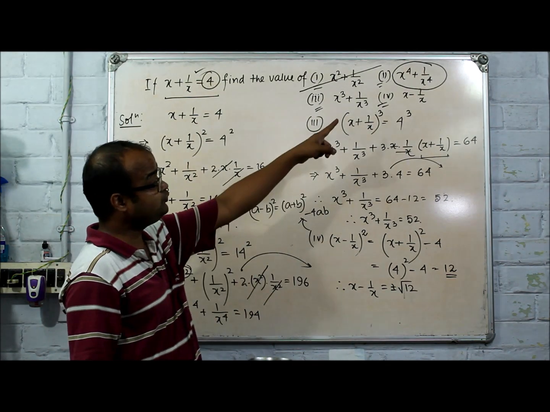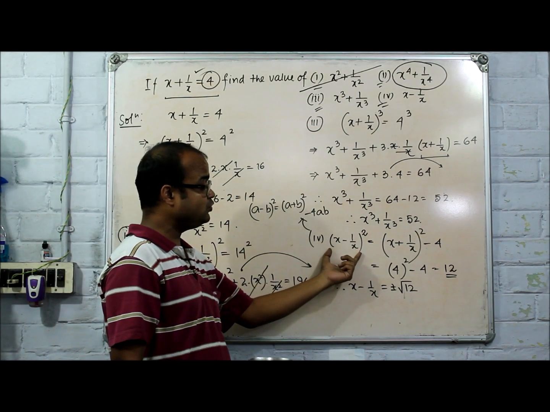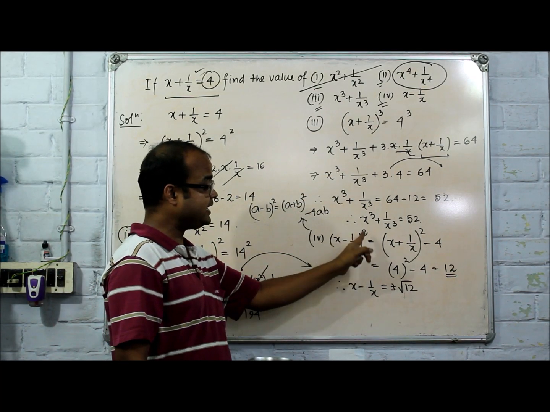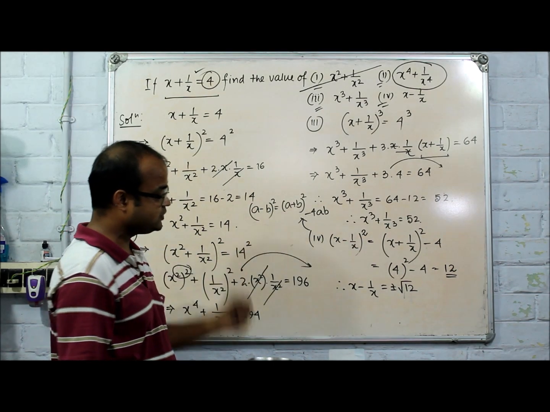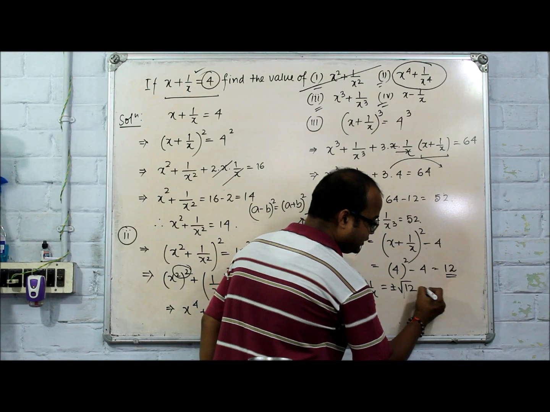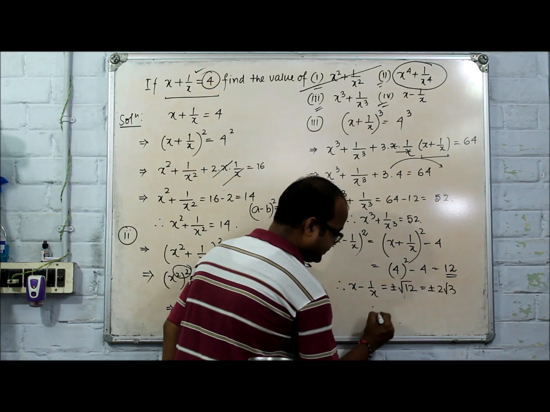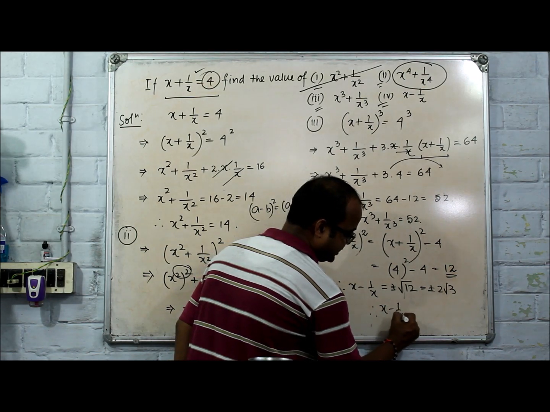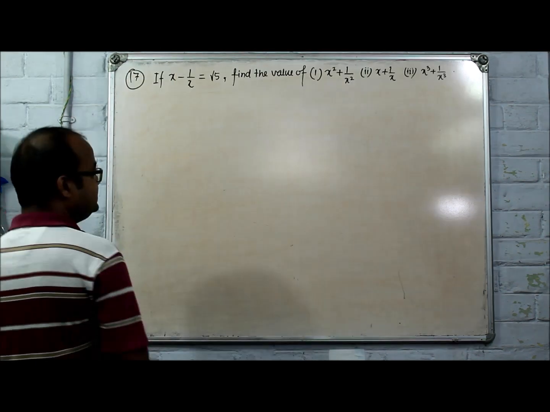Clear? Because we have to find out x minus 1 by x, we are first finding the value of x minus 1 by x whole square. So square root of 12 means plus minus 2 root 3. Therefore the value of x minus 1 by x is equal to plus minus 2 root 3.